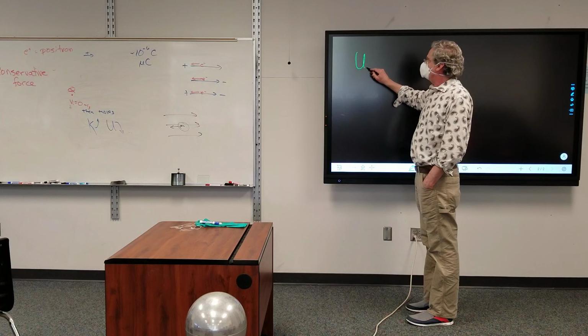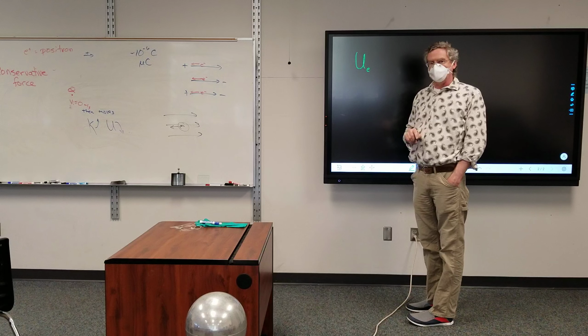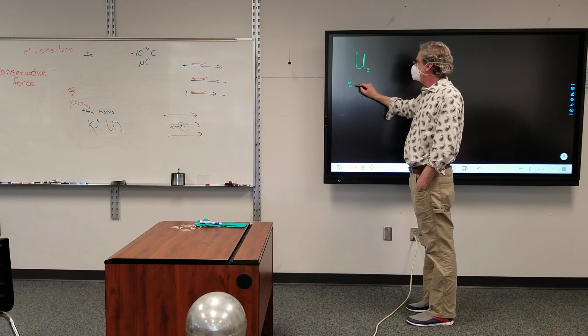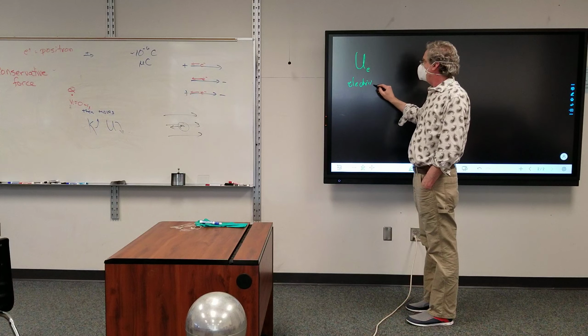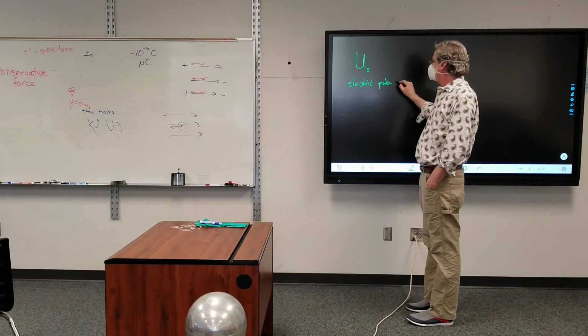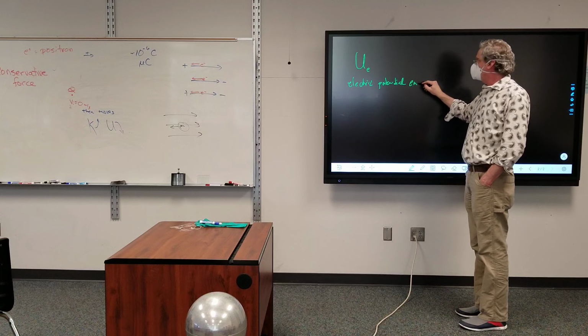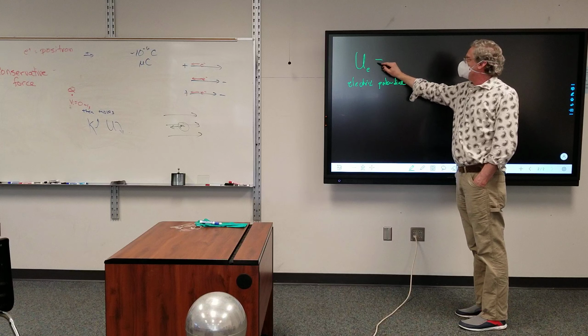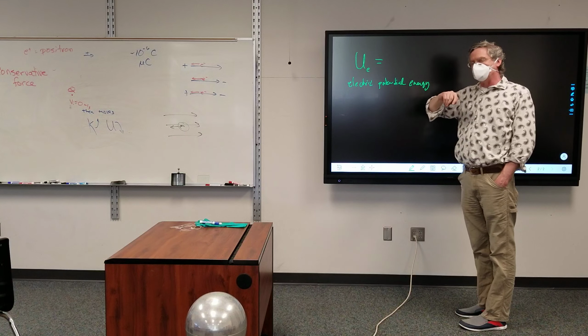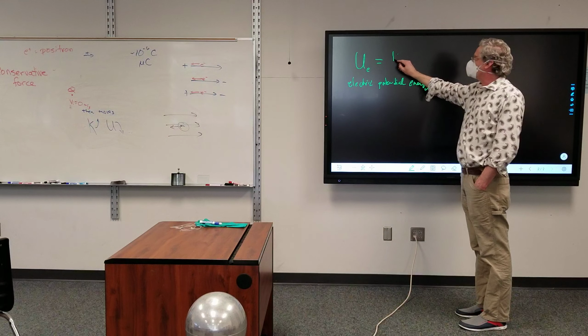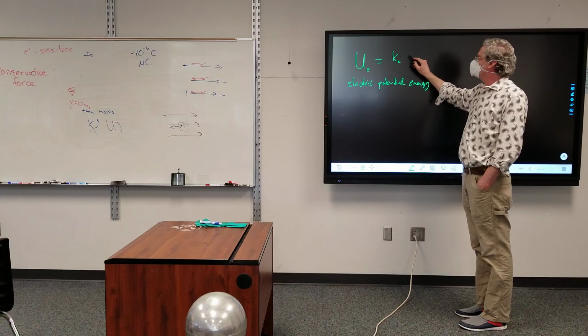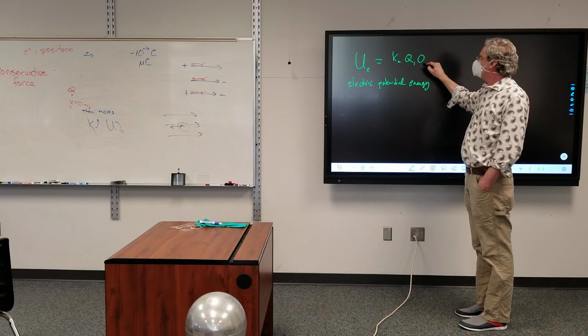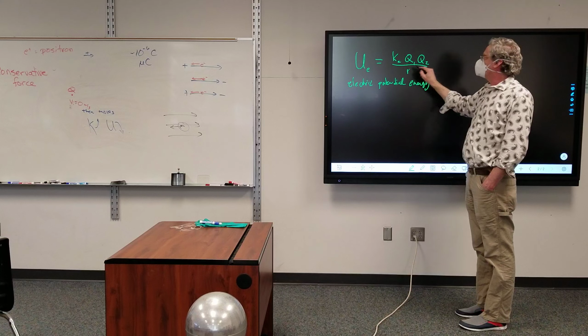So, the electric potential energy. It looks a lot like the force formula, except for the denominator. So we have this electrostatic constant, k, q1, q2 over r.